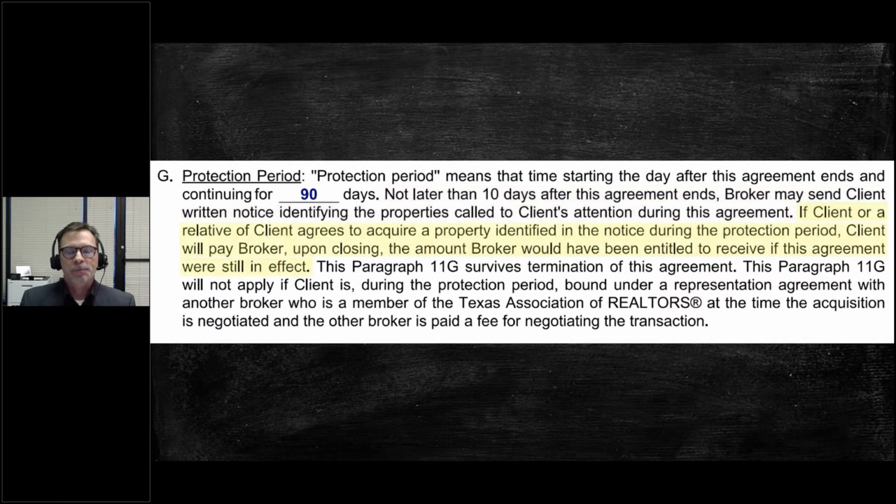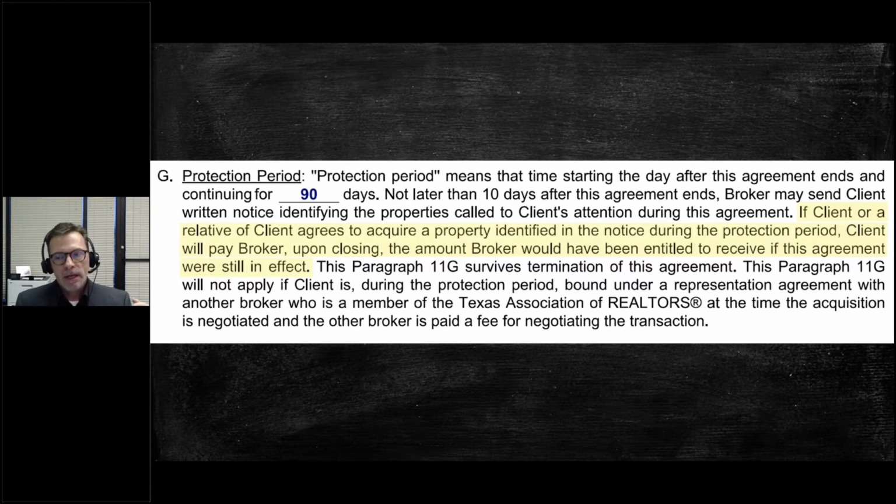What does that do for you? If the client or a relative of the client agrees to acquire a property identified in your written notice during that protection period, the client will pay the broker upon closing the amount broker would have been entitled to receive if this agreement were still in effect. Okay?